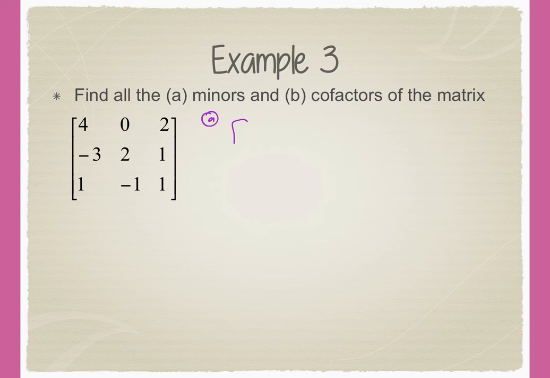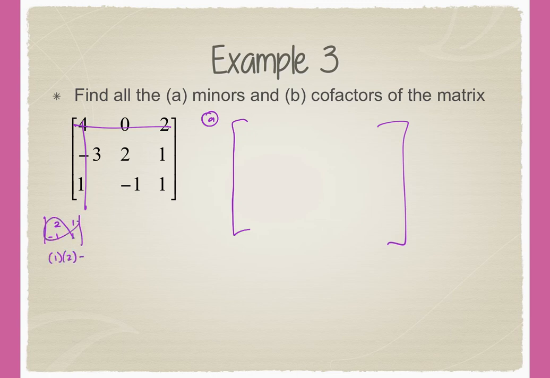So for the first spot, I cross through the row and the column that the 4 is in, and I have 2, 1, -1, 1, and I'm finding the determinant of that. So 2 times 1 minus -1 times 1, 2 plus 1, which is 3.